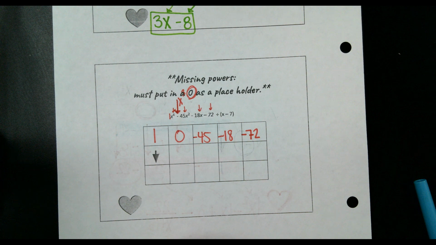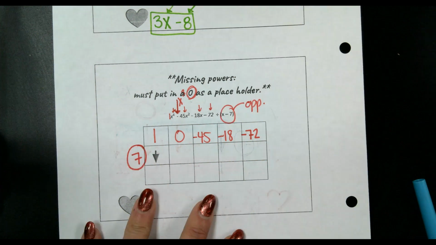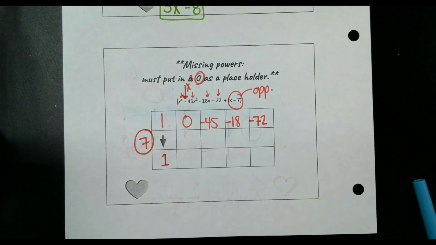What number will I be using out front? 7 again. We're using the opposite. Drop the 1 down, and then you guys start doing your multiplication and your addition.